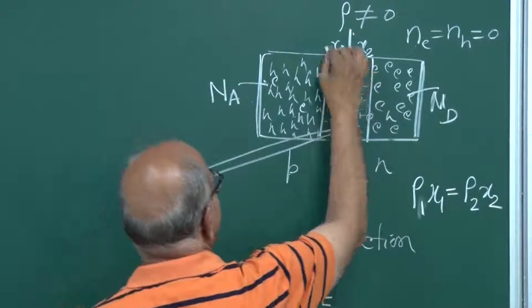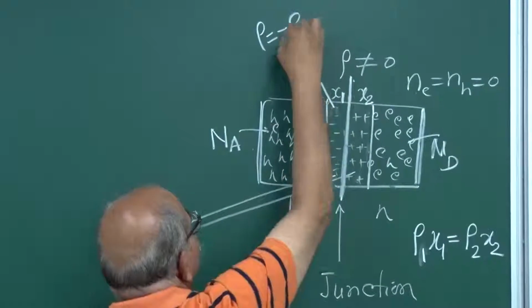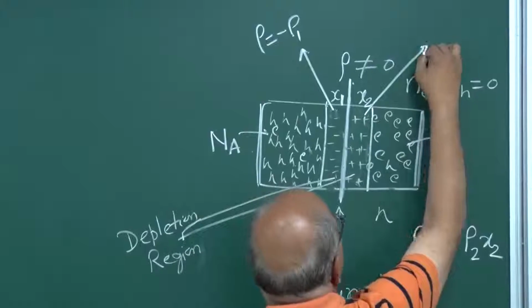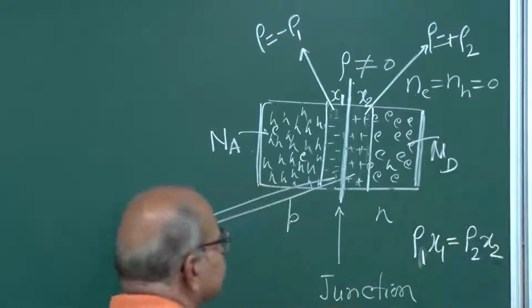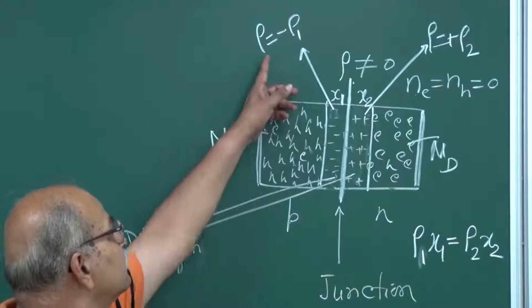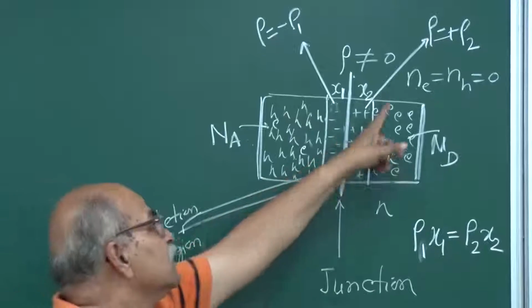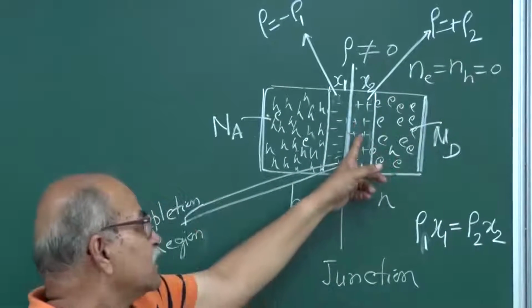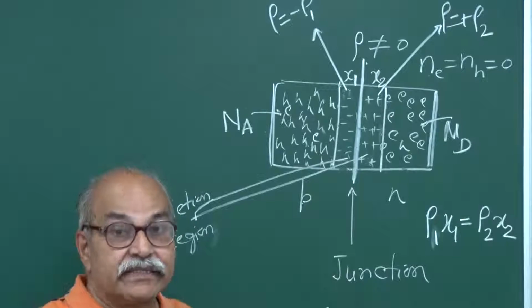If this is here, rho is equal to say minus rho 1, and this charge density is rho equal to plus rho 2. Then this rho 1 times x1 in magnitude is equal to this rho 2 times this x2, because total charge has to be 0.